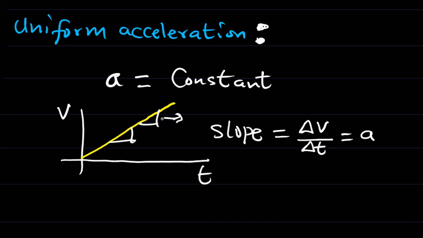The value we have for acceleration at this point is the same as at this point. So at any time during the journey, the acceleration is constant, and such an object is said to have uniform acceleration.